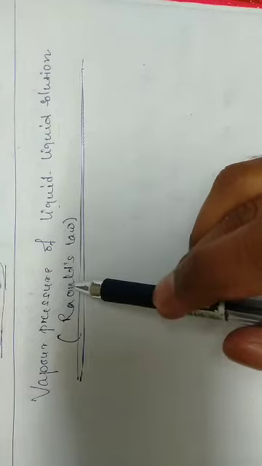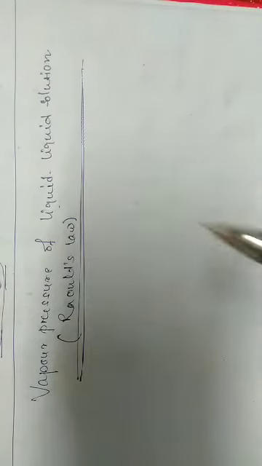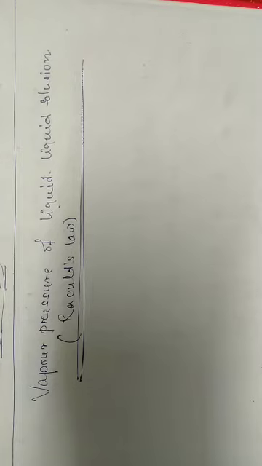Vapor pressure of a liquid depends on temperature as well as intermolecular forces of attraction between the liquid molecules. When temperature is increased, vapor pressure of a liquid increases. When intermolecular forces of attraction between the liquid molecules increase, then vapor pressure of a liquid decreases.